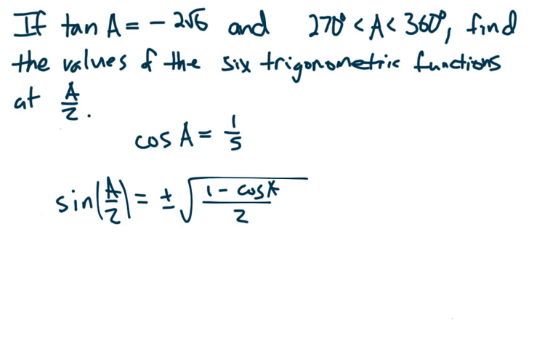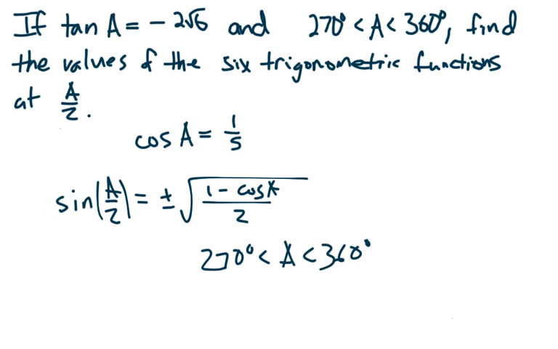And to do that, we needed to figure out what quadrant a over 2 was in. We know what quadrant a is in, but we haven't yet figured out what quadrant a over 2 was in. Once we figure out the quadrant, we can figure out whether sine is positive or negative there, and pick. So, if we have a bound for a, we can use algebra to turn this into a bound for a over 2.